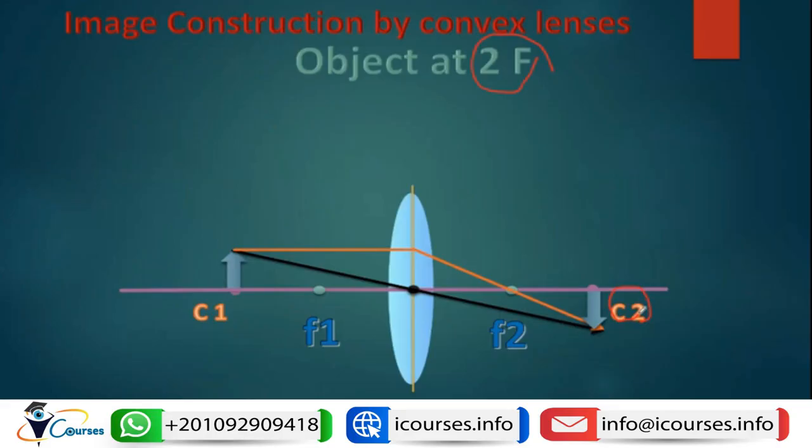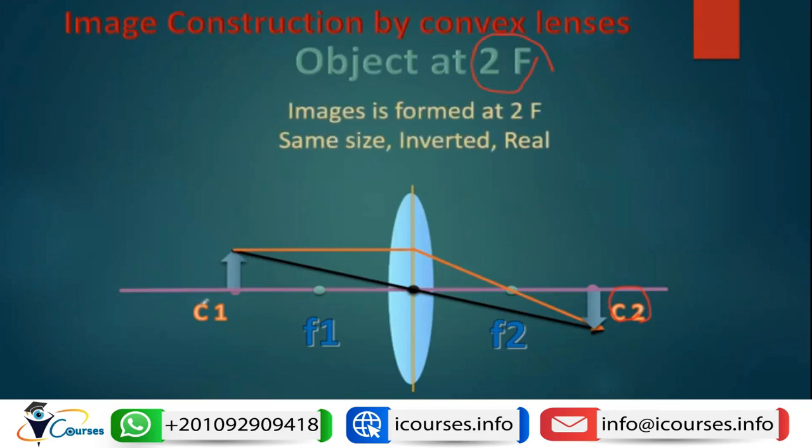So it will produce an image again at double f, and this image will be of the same size as the first object. It will be inverted and it will be real. So basically, the only change that happened here is that it is inverted.